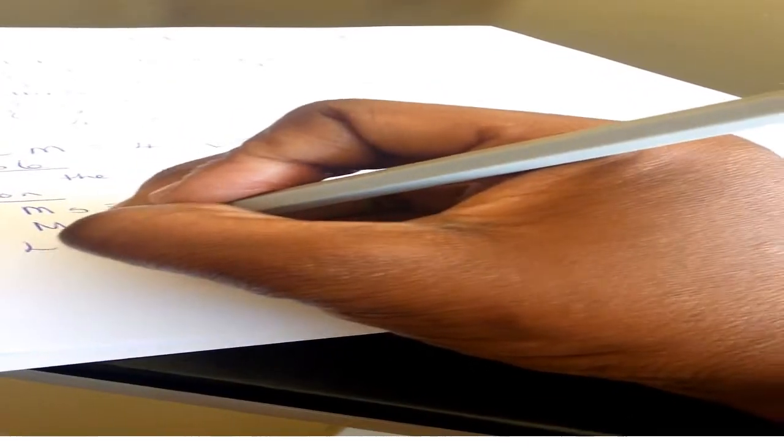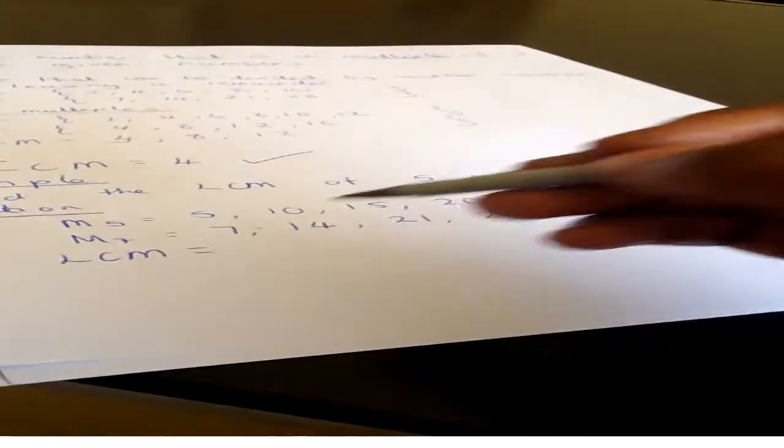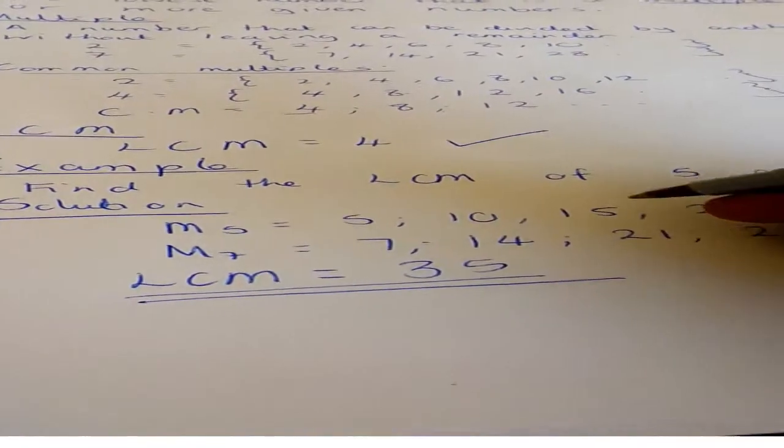So what is the lowest common multiple? The lowest common multiple being the lowest of the multiples of both numbers. Which one is common? We have 35 here and we have 35 there. So 35 is our lowest common multiple. I know you got the answer correct, 35, right?